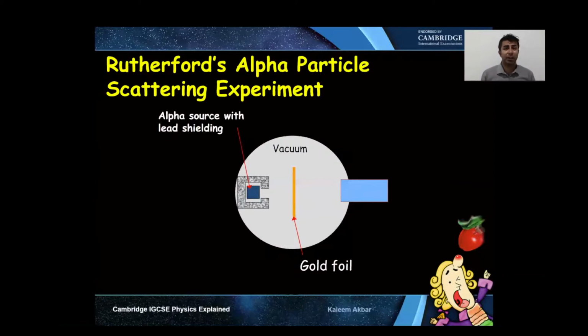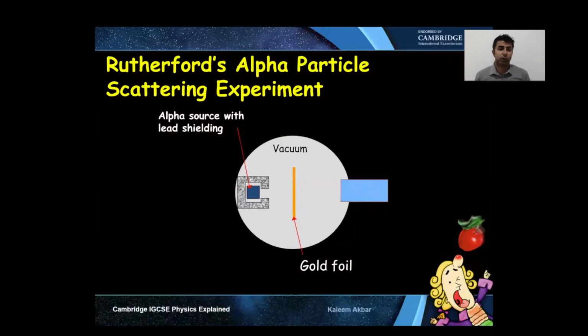Let us now have a look at Rutherford's alpha particle scattering experiment. What's going on here? Now, at the right-hand side, the blue rectangle represents a Geiger-Müller tube, which you will learn more about in another PowerPoint. To the left-hand side, we have an alpha radioactive source.